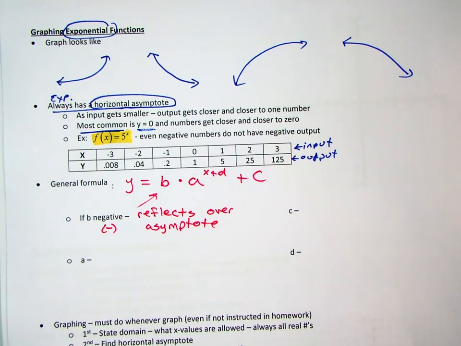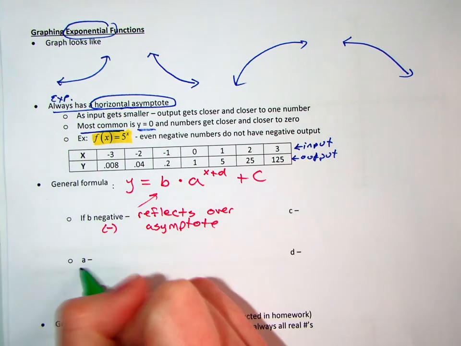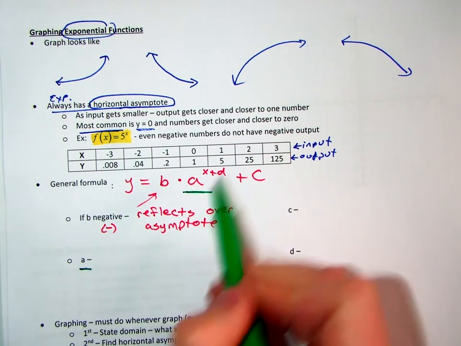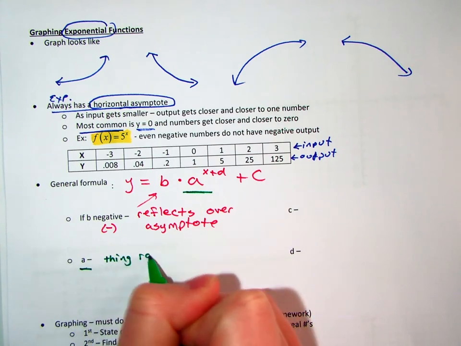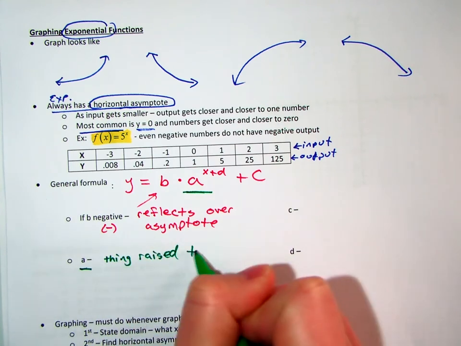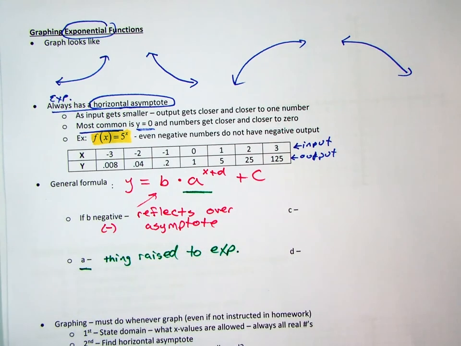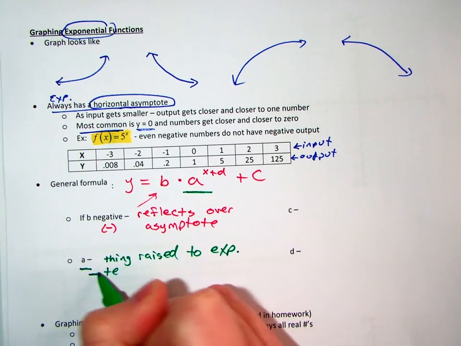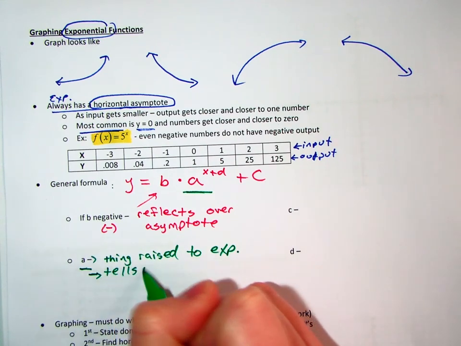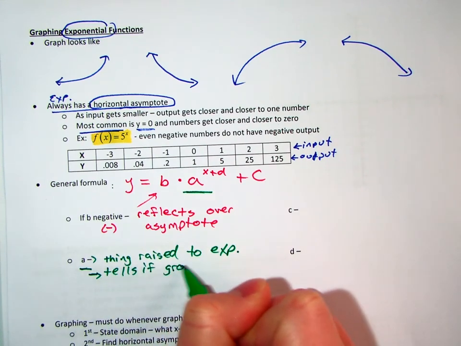If a is negative, in other words, the thing being raised to the exponent, a, which is the thing that's raised to the exponent, this tells if it's growth or decay.